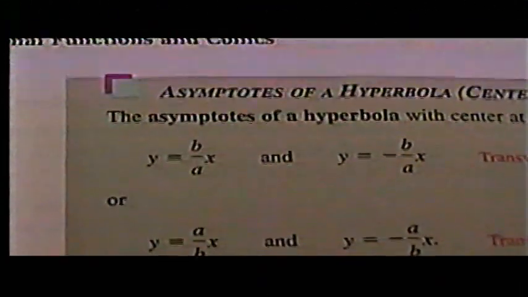Then we can get the equations of the asymptotes. Okay, now if you have the transverse along the x-axis, the equations are y equals b over a x and y equals negative b over a x.